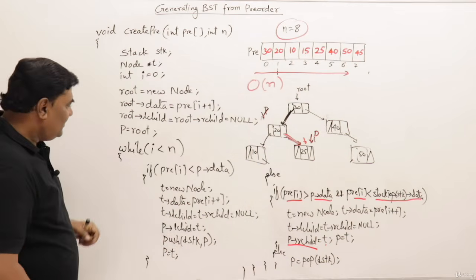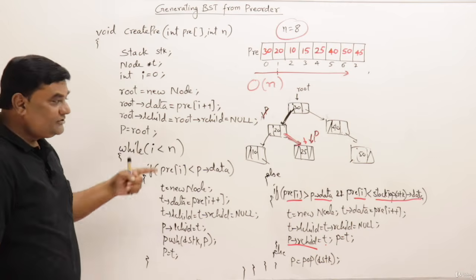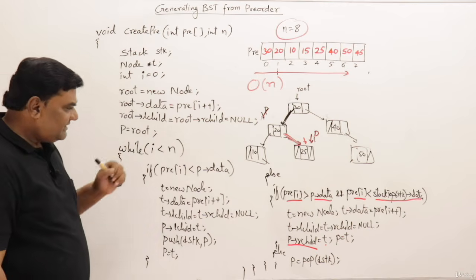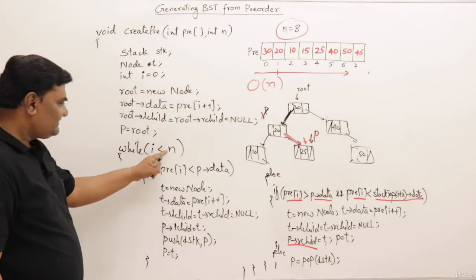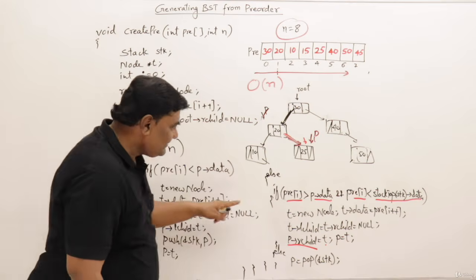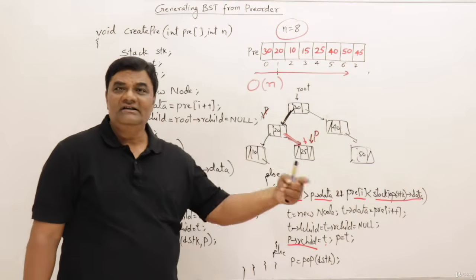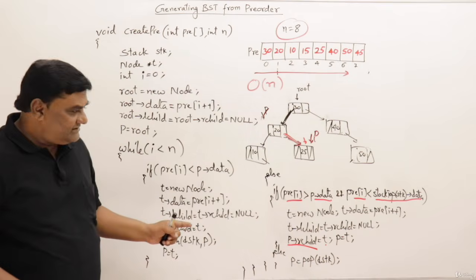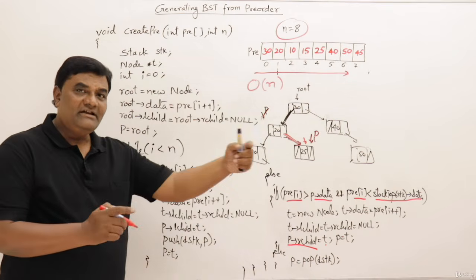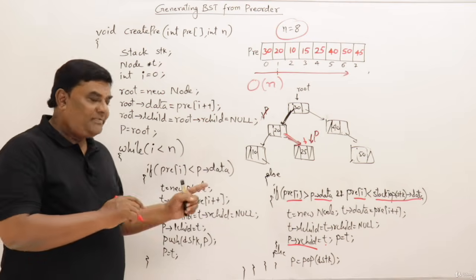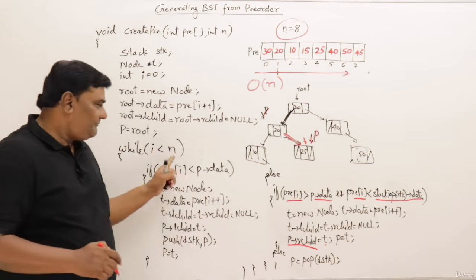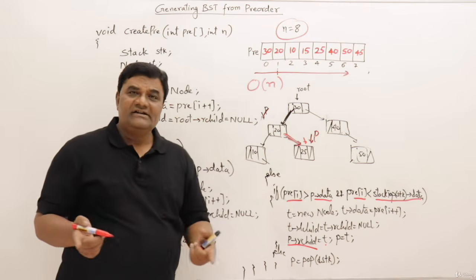Look at the code. The code has a loop. Which loop? The while loop. How many times will it repeat? i is less than n, and somewhere here and here i plus plus is done. So i is moving until n. So this loop is similar to a for loop only. i starts from 0 and goes up to n, so it is n times.